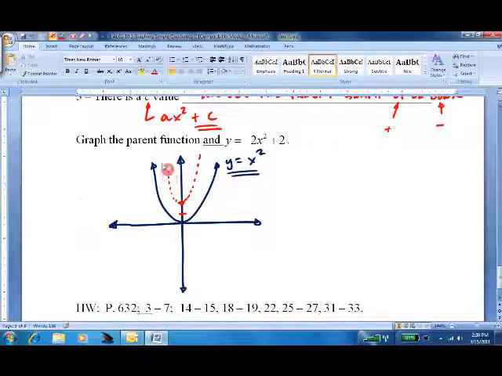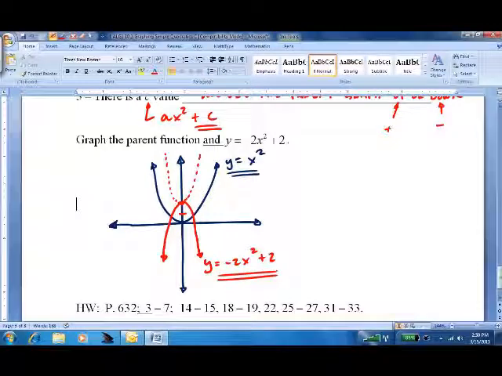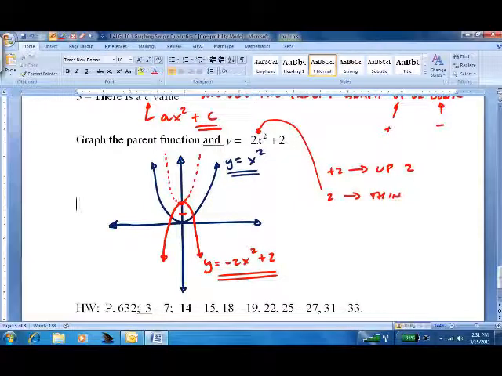And I'm dotting it in because we're not done. And the negative will make it upside down. That's it. Plus 2 goes up 2. 2 in front of the x squared makes it thinner. Negative flips upside down.